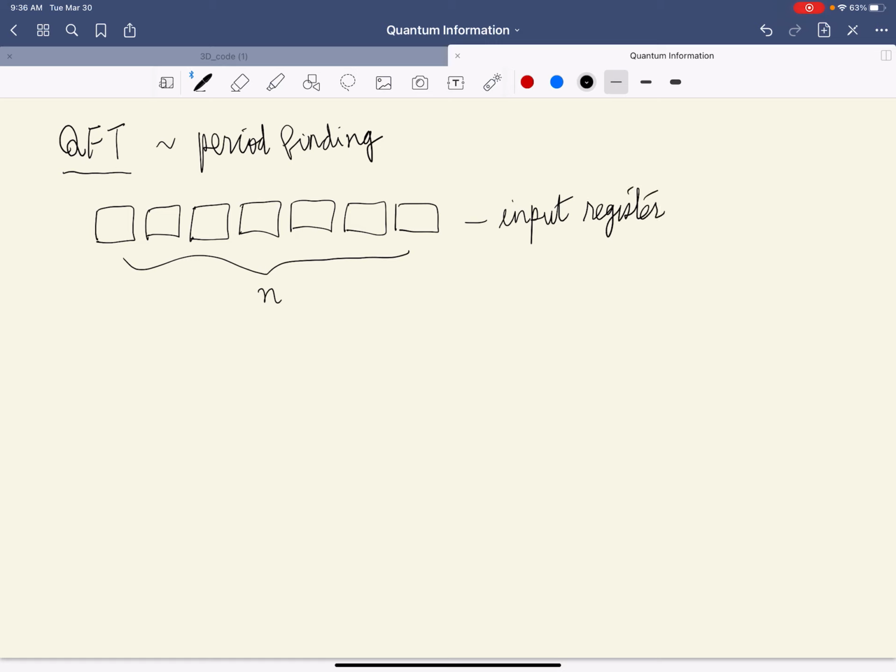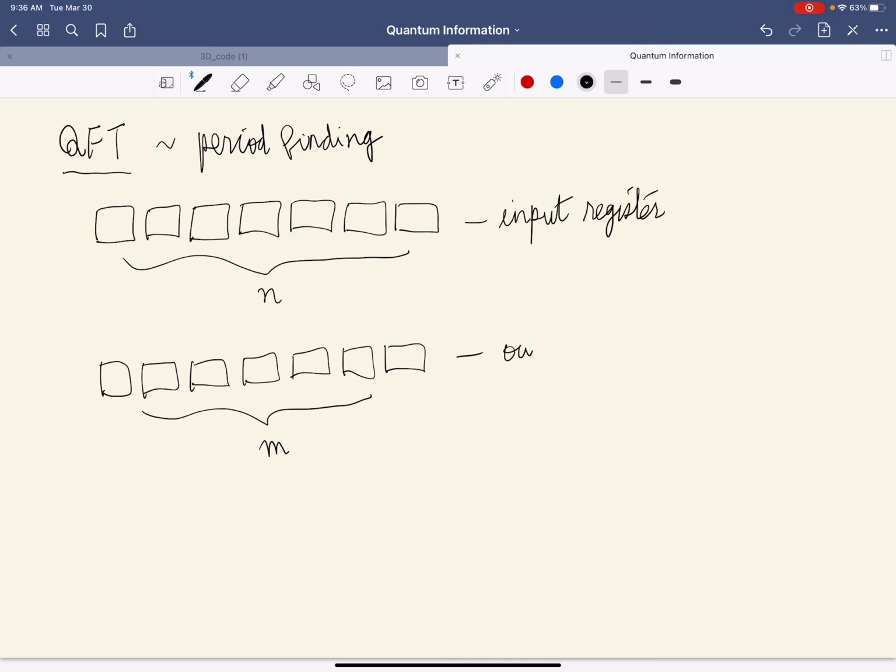I think different people use different names, but this is a name I chose to stick with. And then there is another set of qubits. It doesn't really matter how many. Let's say there are m qubits that are put together, and they serve as what's called the output register.